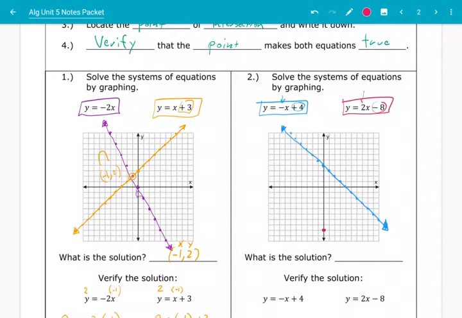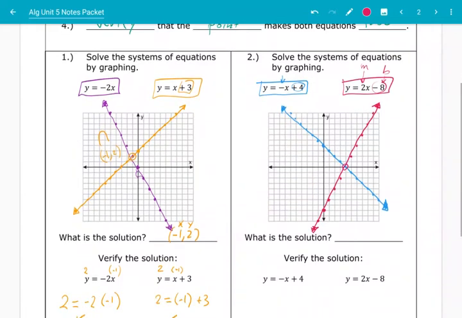And move with m, which is 2. So up 2 and over 1, up 2 and over 1, and keep going. There we go. So there's our pinky red line.